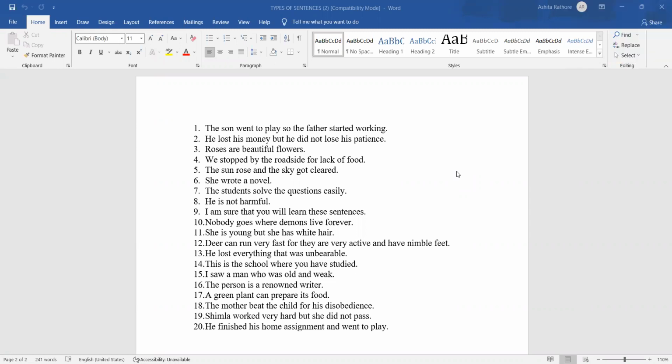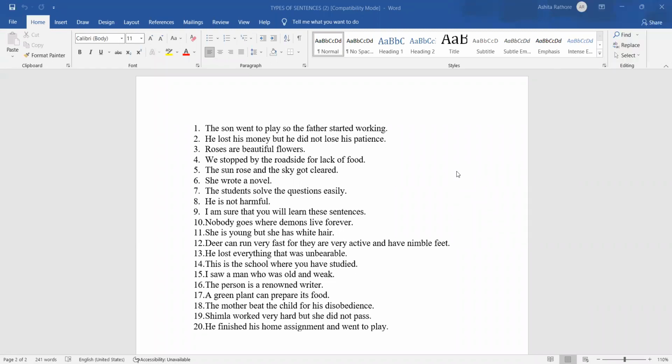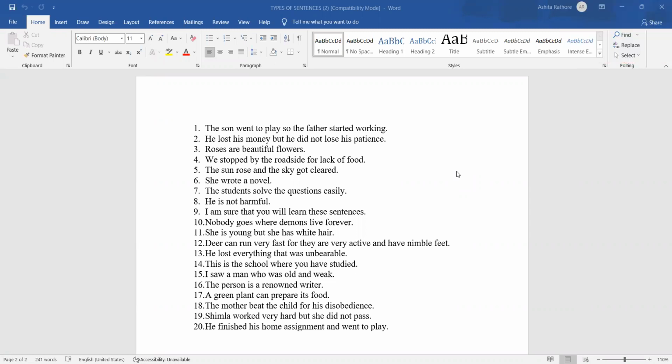Okay. Next, Money. Ninth. Yes, sir. Ma'am, would it be simple? No. Then it would be compound, I guess. Why compound? Because I am sure that you will learn these sentences.